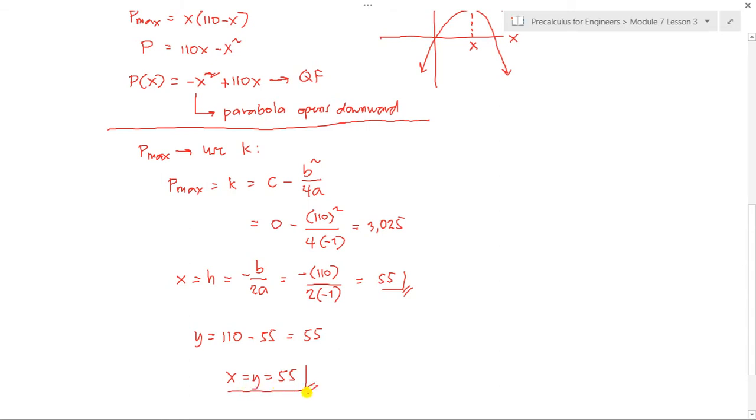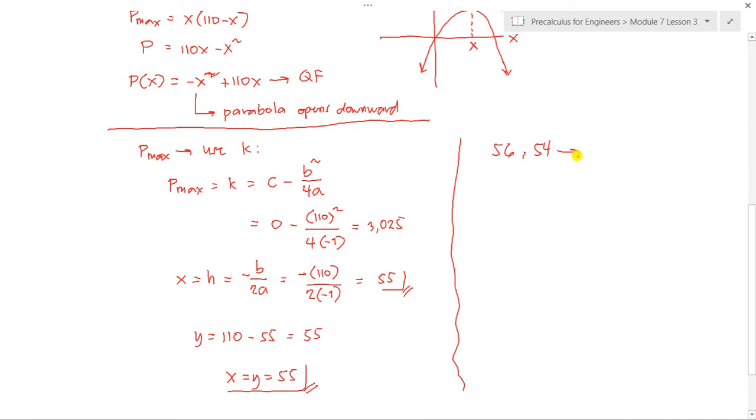Okay, we can also prove this by a manual method. Let's say we increase one number by 1. Let's say 56 and the other is 54. Their sum is still 110.